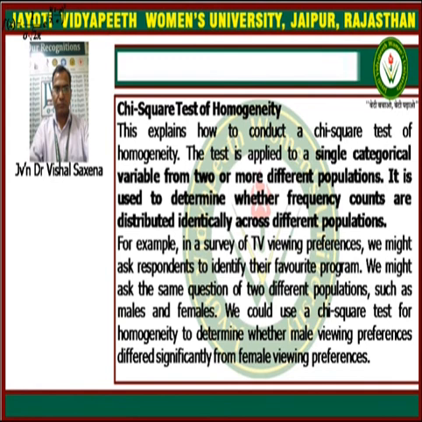So in this way we can check whether the male viewing preferences are different from the female viewing preferences. That is the chi-square test of homogeneity, and it can be applied similarly to the other hypothesis tests, with a null hypothesis and an alternative hypothesis.